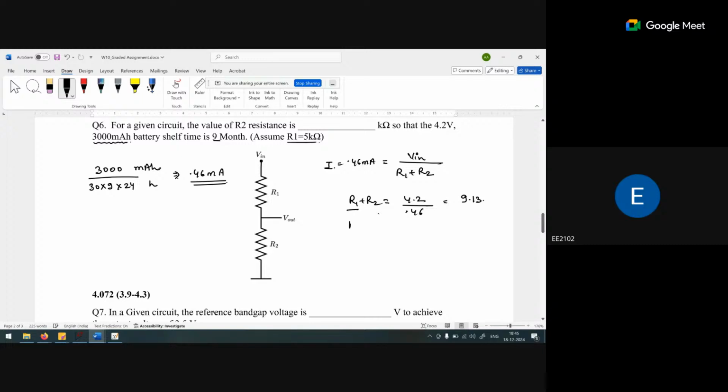Now R1 is 5 kilo ohm, so R2 becomes 9.13 minus 5, that is 4.13 kilo ohm.